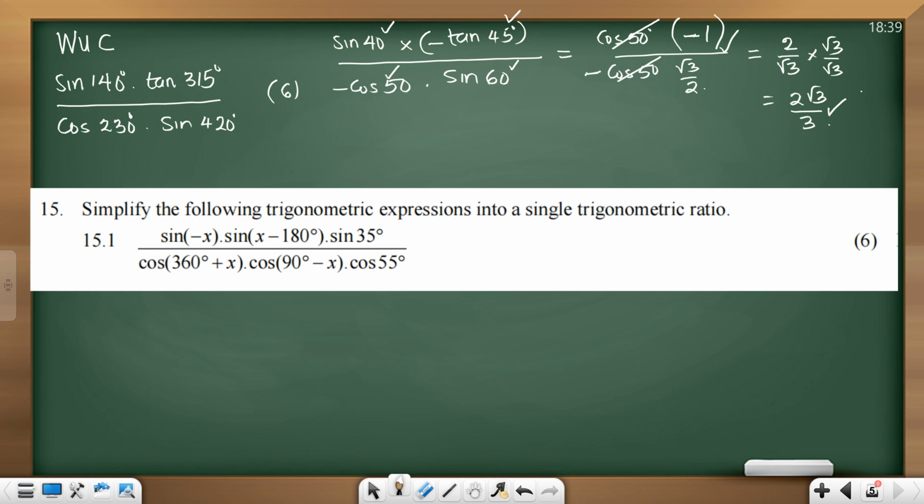Yes. Negative divided by negative. Oh, okay, thank you. And number 2, you cannot leave your answer with a root 3 as a denominator. Grade 11. Oh, yes, sir. That's why you cannot have a root as a denominator. Thank you. You are most welcome.